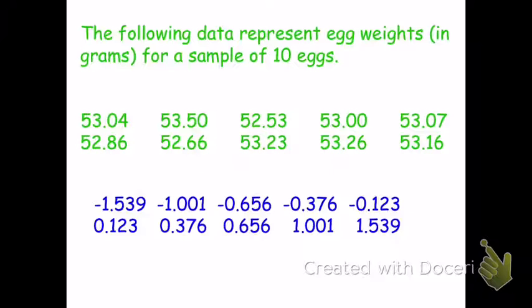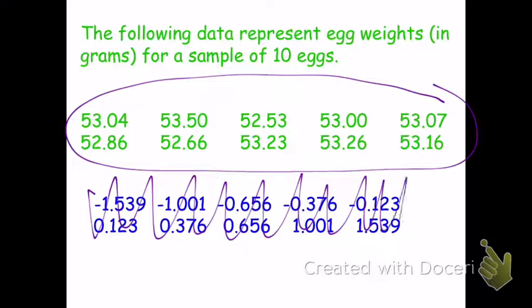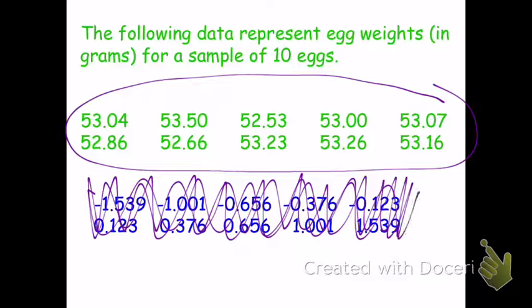Type in the green ones, as list one. So you should just have the green typed in. Do not type in the blue.